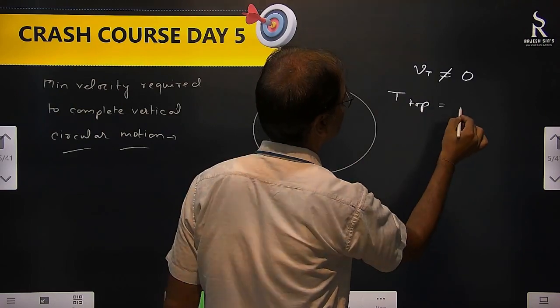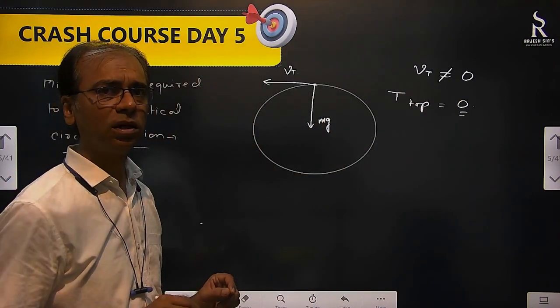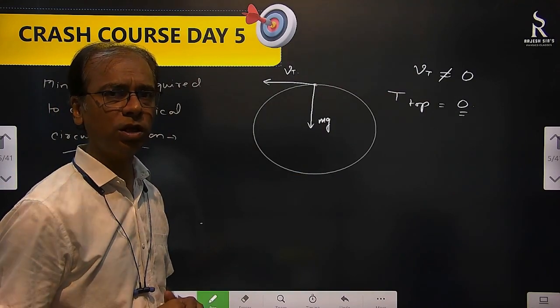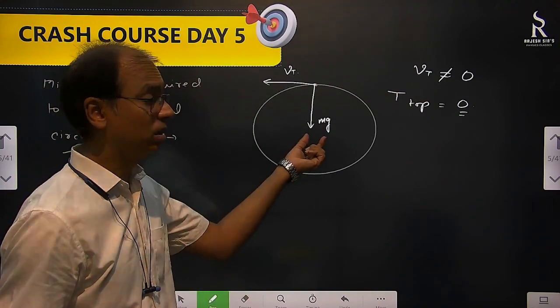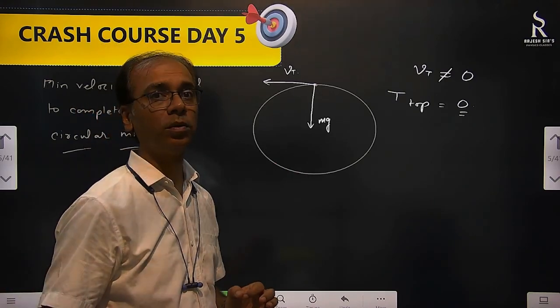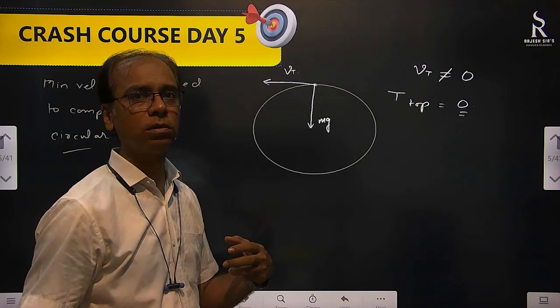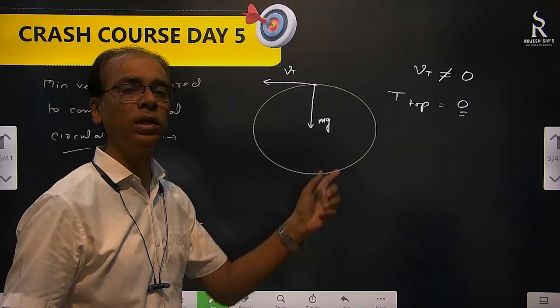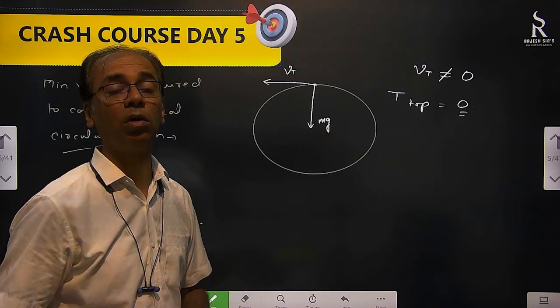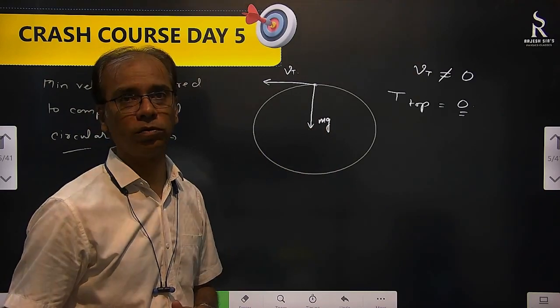is 0. Now the condition is, if tension becomes 0, am I still having certain force which can give me centripetal force here? Answer is yes. Mg is there. Mg can balance. So at the topmost point, our condition is Mg is providing you centripetal force here.